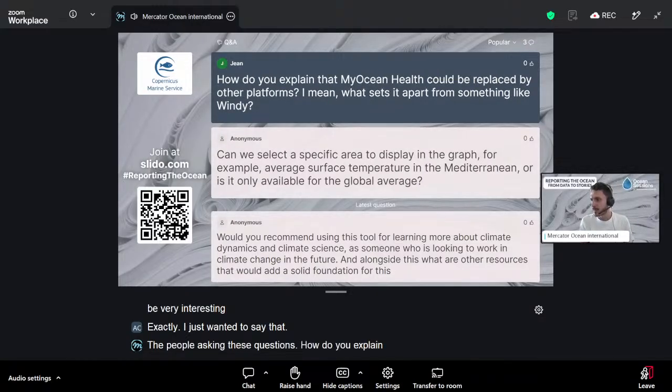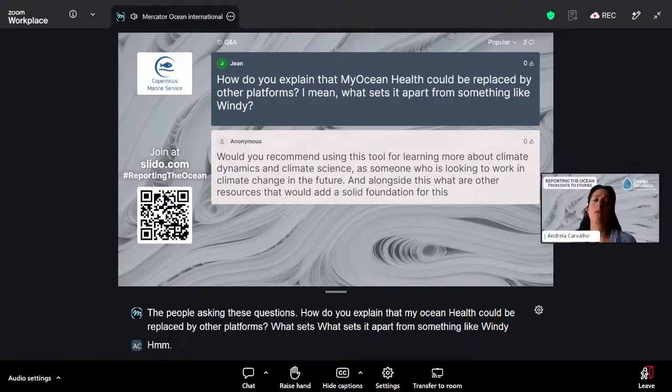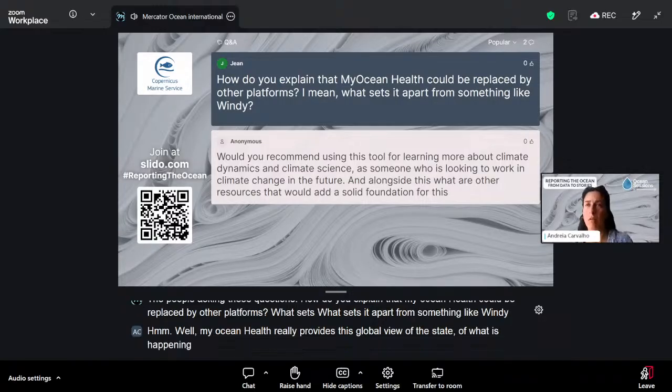How do you explain that My Ocean Health could be replaced by other platforms? What sets it apart from something like Windy? Well, My Ocean Health really provides a global view of the state of what is happening, for example, in terms of sea surface temperature right now, and what has been happening since 1993.